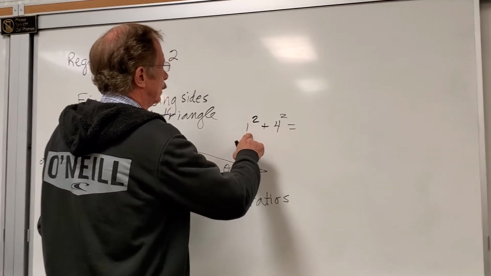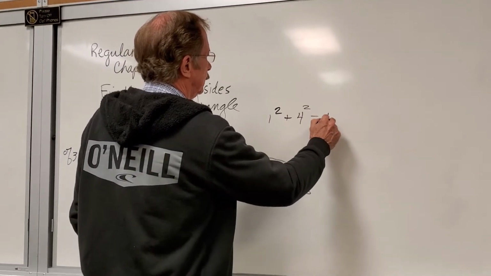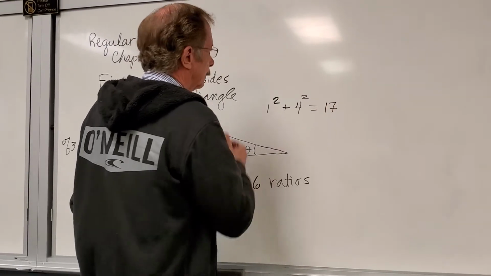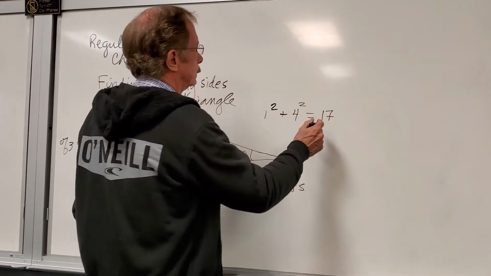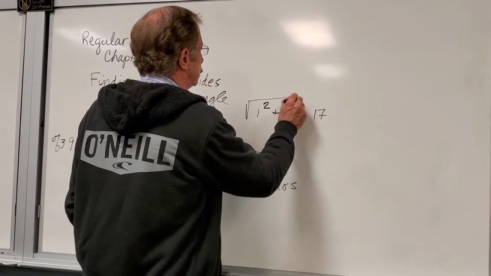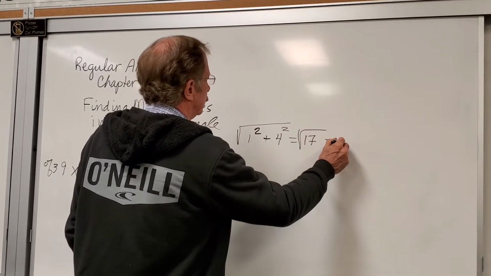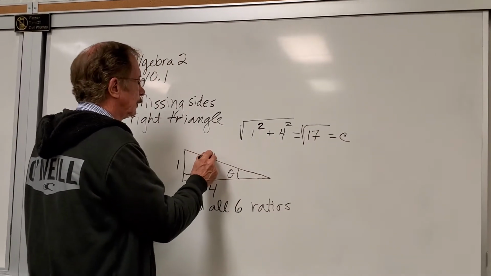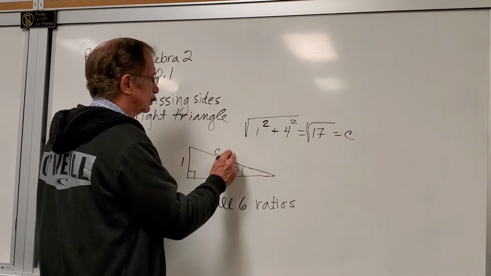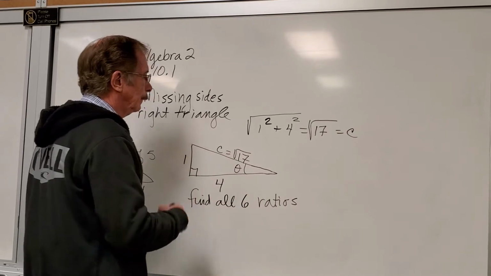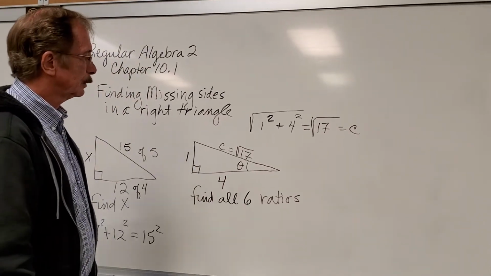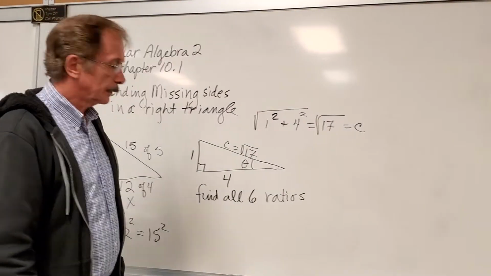That's 16 plus 1 is 17. And if I square root this side and square root that, then I have the c value, which is here. C equals square root of 17, or in other words, that's the value of the hypotenuse.